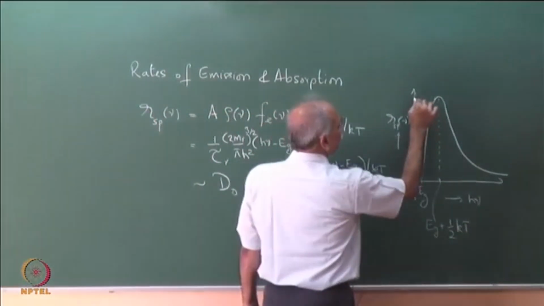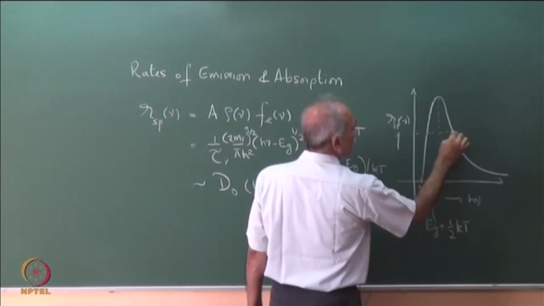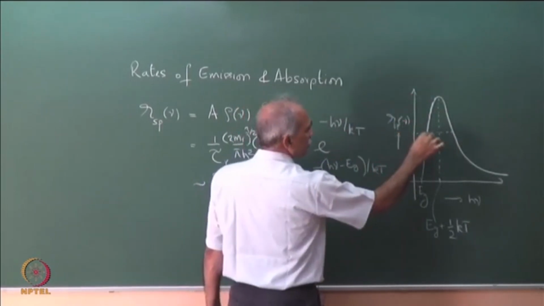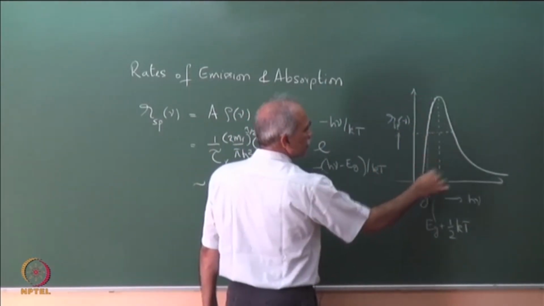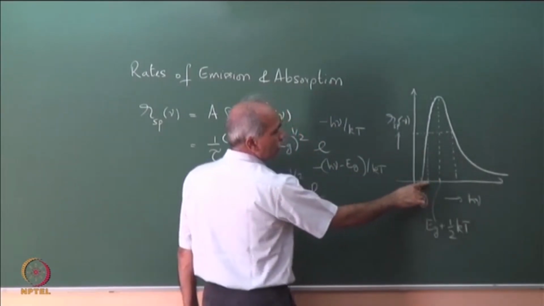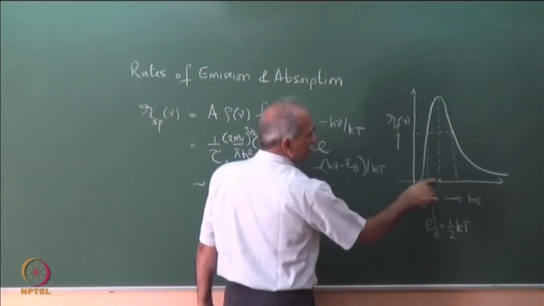I had also asked you to find the full width at half maximum. If this is the maximum, then at half of it you drop down and find the corresponding values of h nu 1 and h nu 2, and therefore you can find the bandwidth.